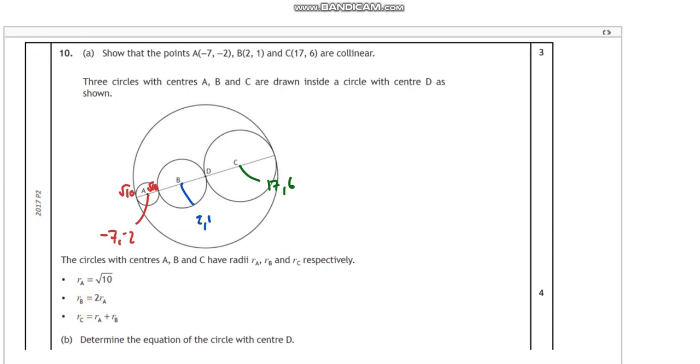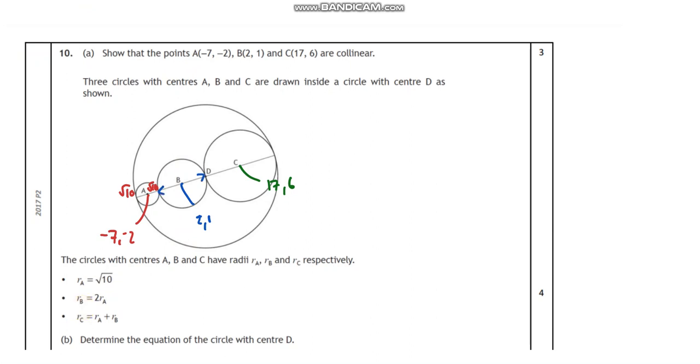So that means that this bit in here is going to be 4√10, isn't it? Because you've got a radius here and a radius there, so you have 2 √10s and 2 √10s, so you have 4 √10. And this one is RA plus RB, so I've got 2 √10 plus √10, that's 3 √10, which makes the whole thing 6 √10.